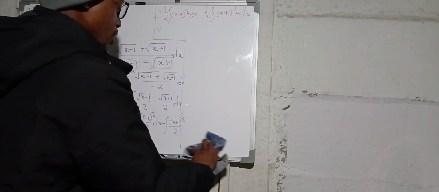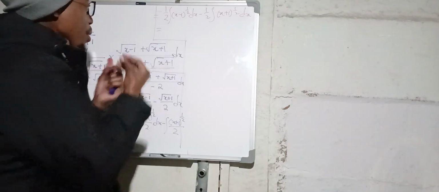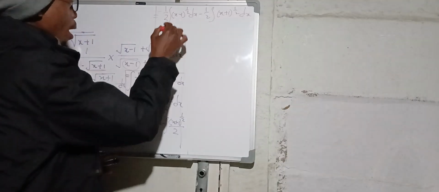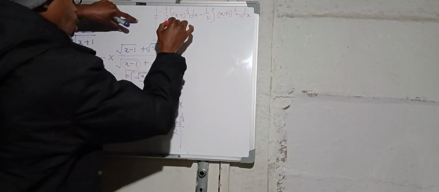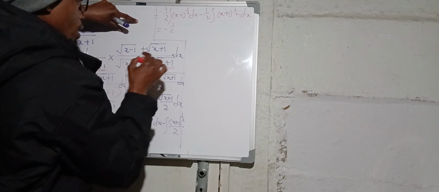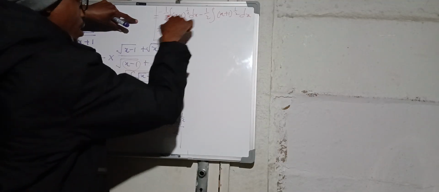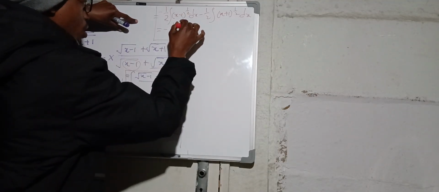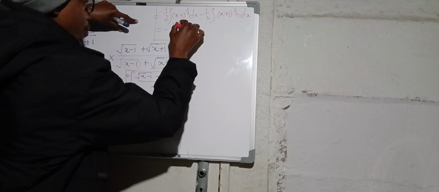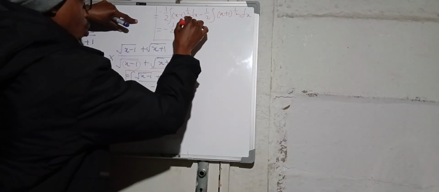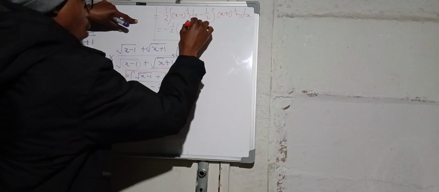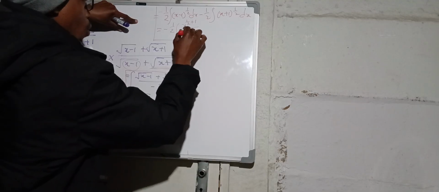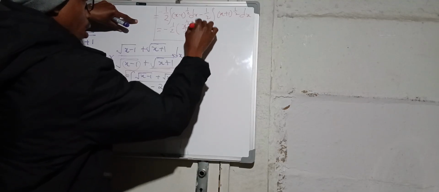Yeah, it's very interesting. That's why I'm not looking at the camera now, because I'm enjoying what I'm doing. So I'm having negative 1 over 2 here, and then I'm going to have the bracket. This is the first part, so it's going to give me x to the power of 1 over 2 plus 1 all over 1 over 2 plus 1.